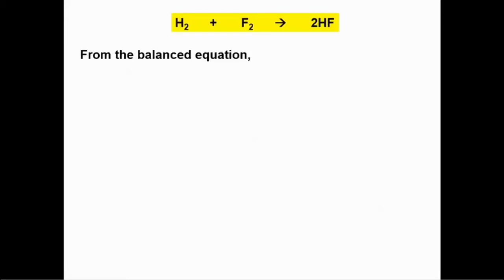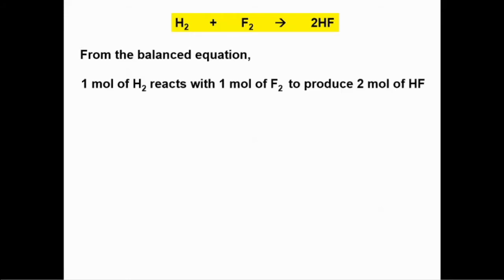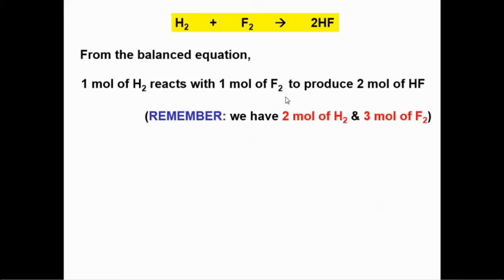From this balanced equation, we know that 1 mole of hydrogen reacts with 1 mole of fluorine to produce 2 moles of hydrogen fluoride. But we started the reaction with 2 moles of hydrogen and 3 moles of fluorine.